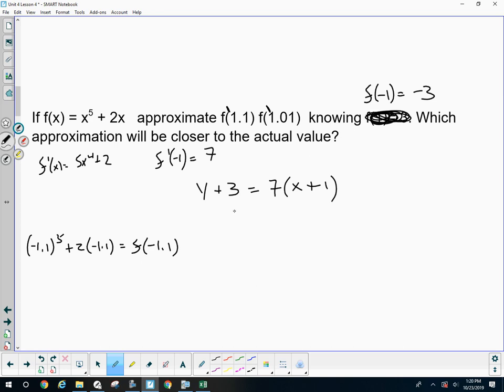And I'm just going to go ahead and solve that for y. Without distributing, it will be much easier to work with. Okay? To approximate f of negative 1.1, which is negative 1.1 to the 5th plus 2 times negative 1.1, it's going to be approximately 7 times negative 1.1 plus 1 minus 3. All right, you do the math, figure out what we get.